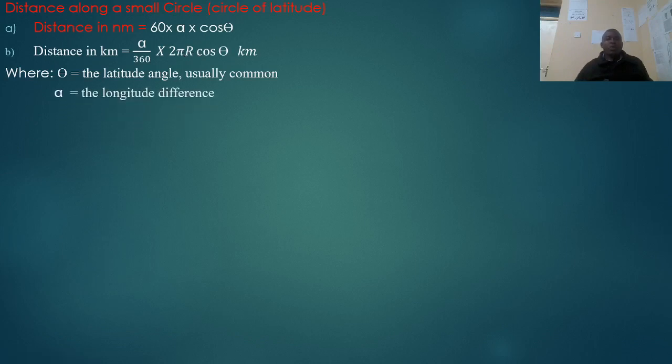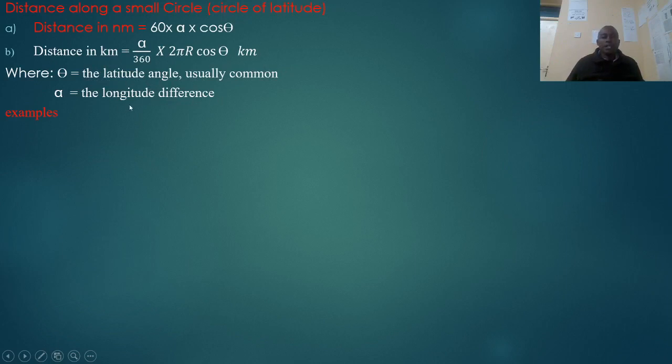Now we need to know what is alpha and what is theta. The alpha is the angle subtended at the center, because we are talking about distance along the latitudes. So we use the longitude difference. So the alpha is the longitude difference.